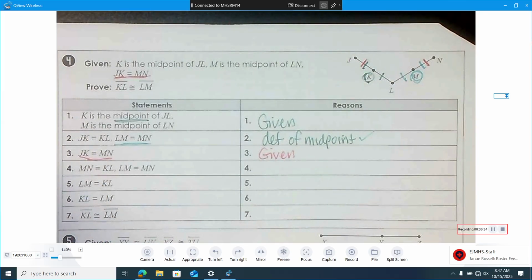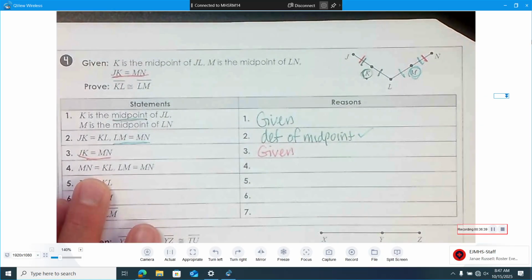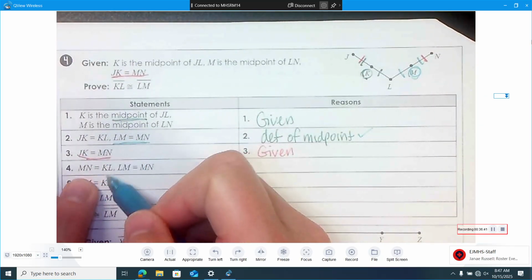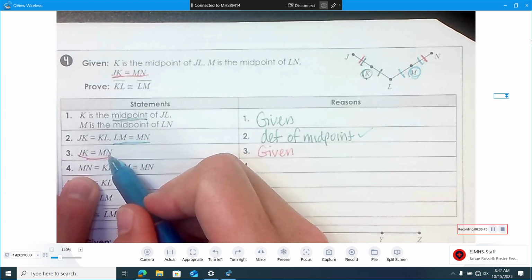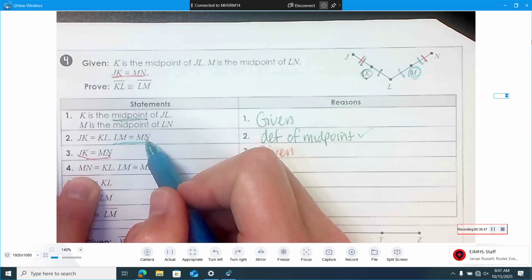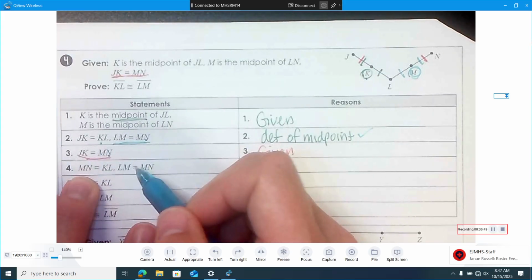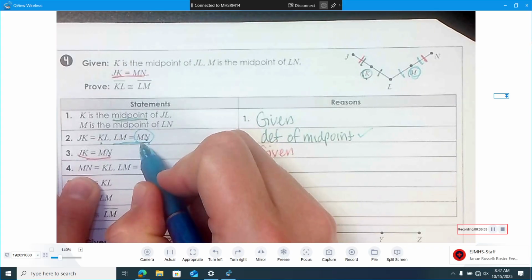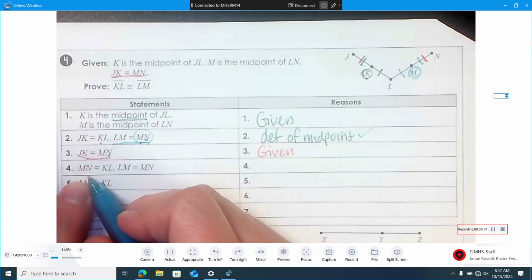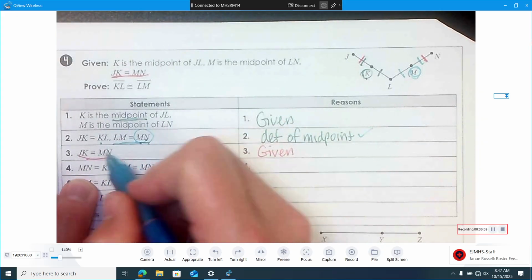And then, let's see, what changed? I see MN is equal to KL. How do we get there? MN turns into KL.